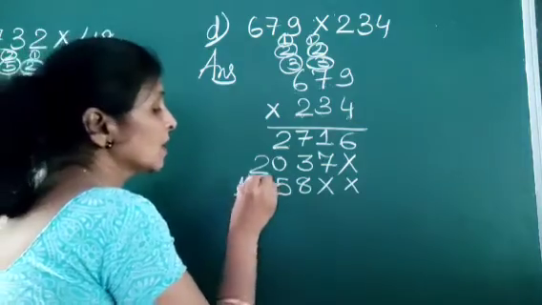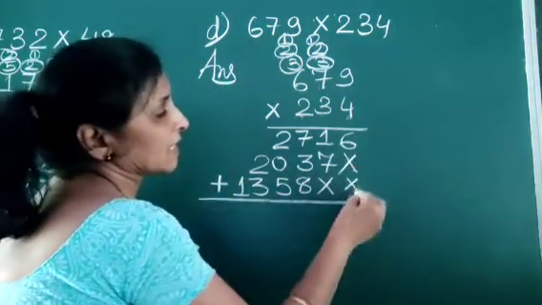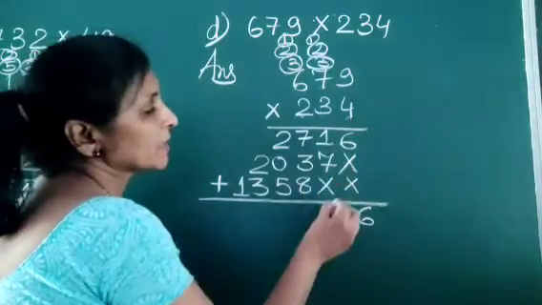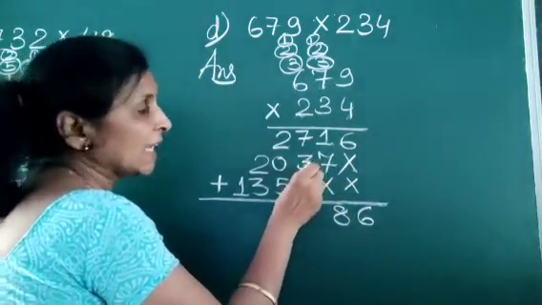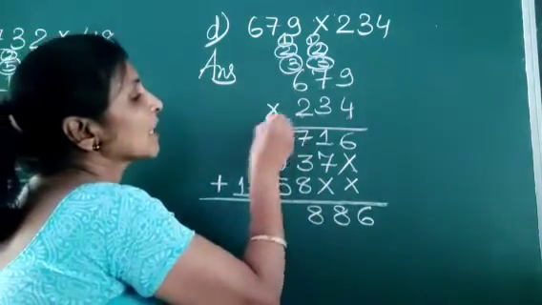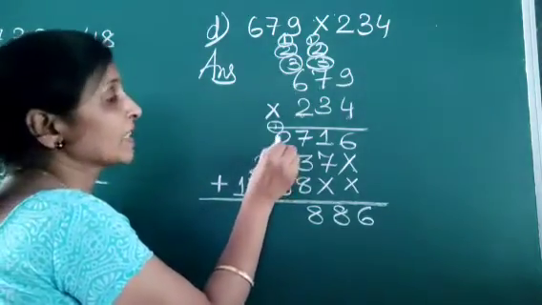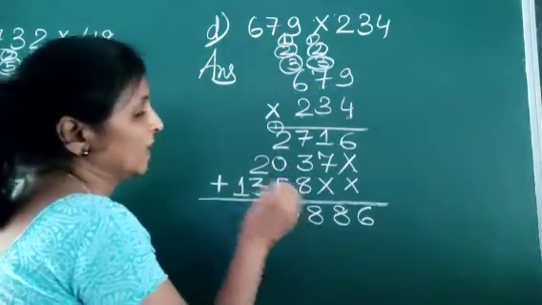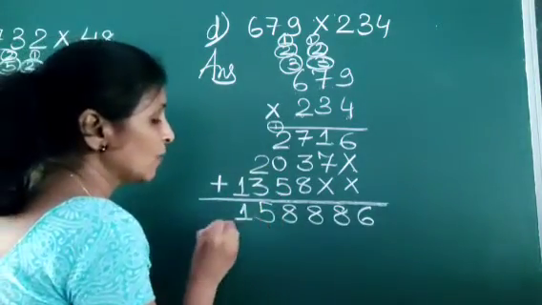then 13 comes. Now we add all the 3 numbers, that is 6, 7 plus 1, 8, then 7 plus 3, 10, 10 plus 8, 18, write 8 and put carry 1 over here. Then 5 plus 2, 7, 7 plus 1, 8, then 3 plus 2, 5, then we write 1.